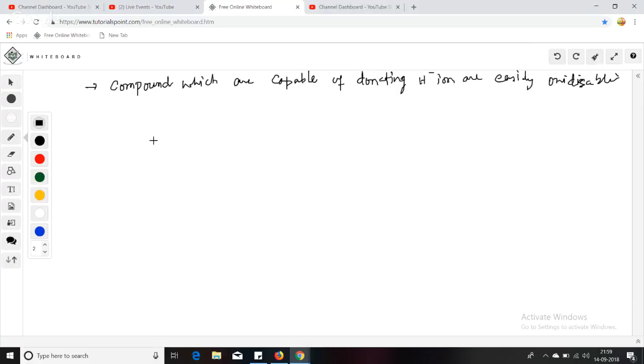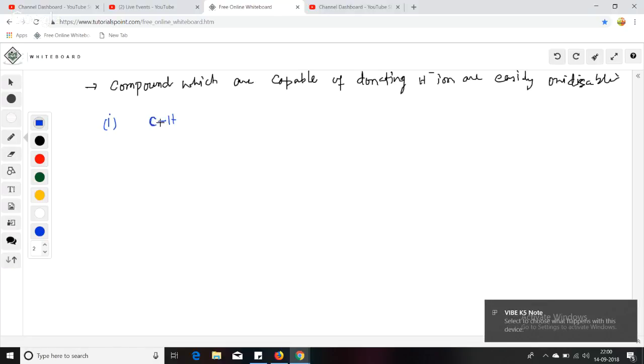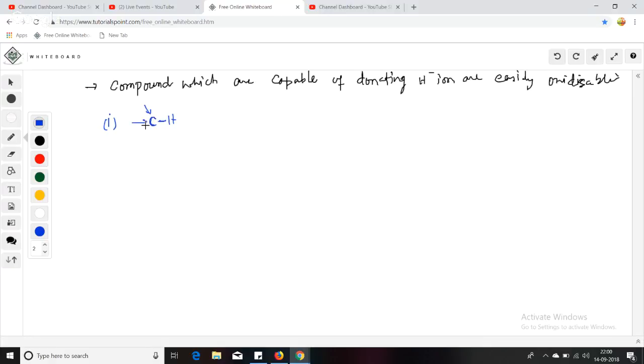Suppose we have a carbon-hydrogen bond and H minus has to come out. If the electron density on this carbon atom increases, it will facilitate the removal of H minus ion.